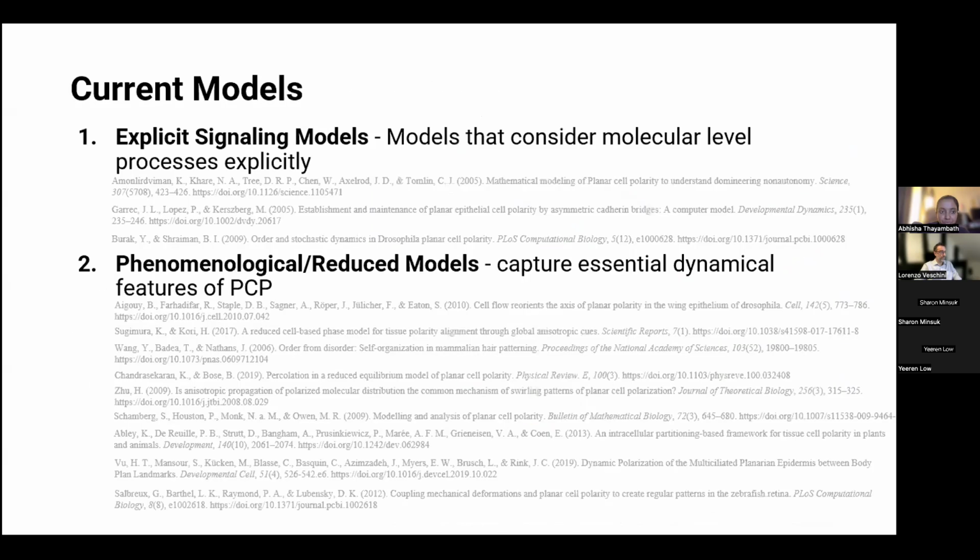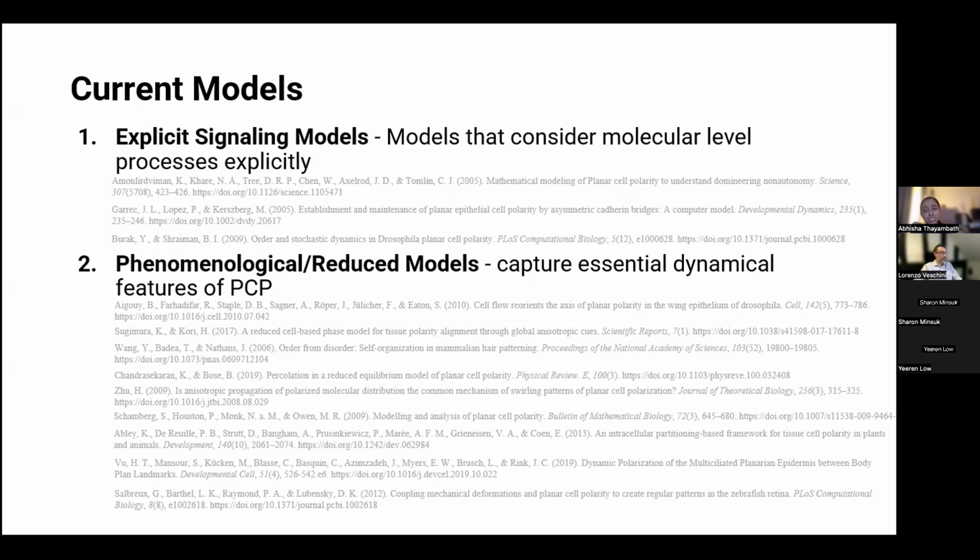Now, various models have been proposed to explain the mechanisms behind planar cell polarity, and these models try to clarify how the intricate interactions among PCP proteins lead to the observed orientation patterns. To understand the mechanisms involving PCP, there are various modeling approaches. First are explicit signaling models that try to consider the molecular level processes explicitly.